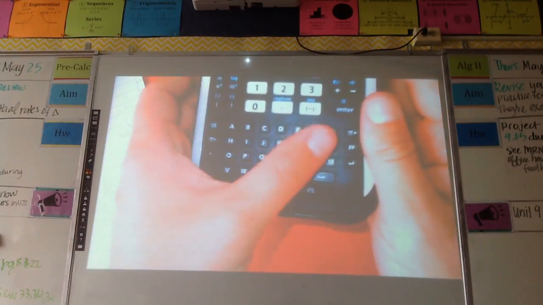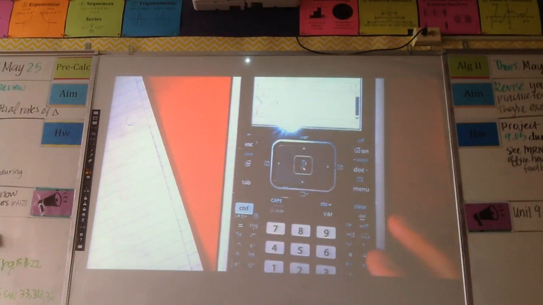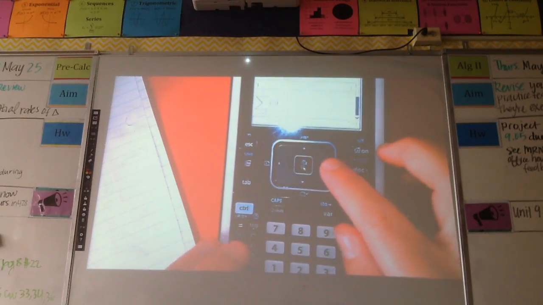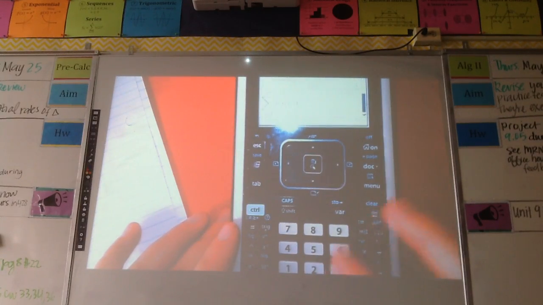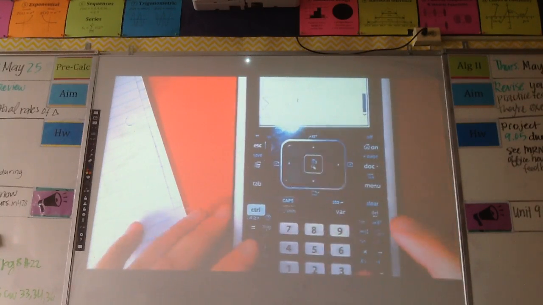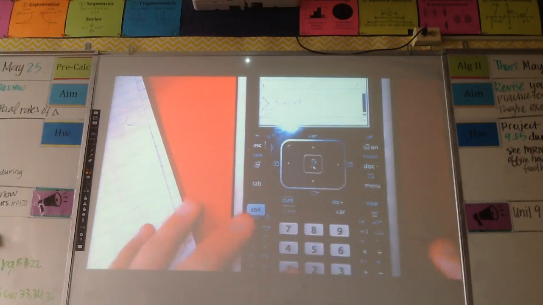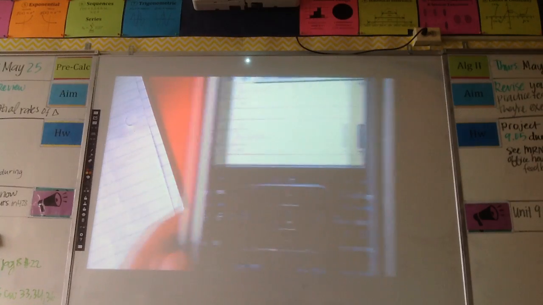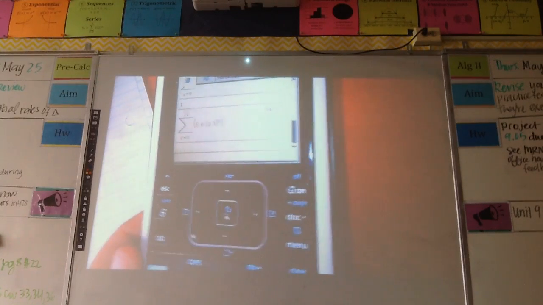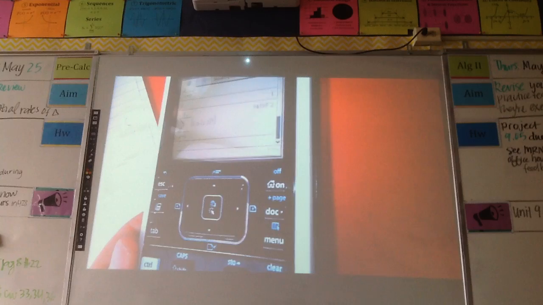I like to use the variable x, but if you want to use n or whatever, it doesn't really matter. Type in your values and press enter. Sorry, it's hard to see. And there's your answer, there's your sum. It just ran it for you.